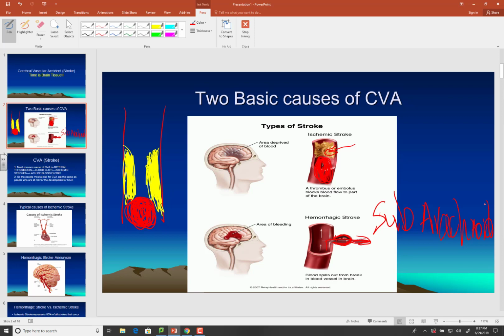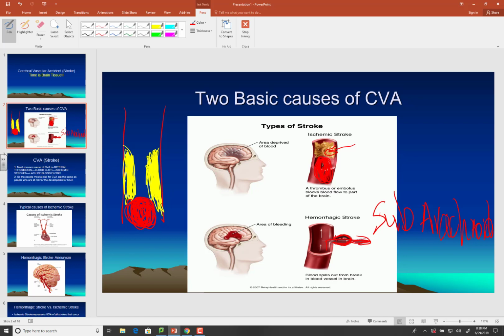But the most common cause of hemorrhagic stroke is typically aneurysm. And again, you don't really know that you have an aneurysm unless, number one, they find it serendipitously. You might have some headaches, so they do an MRI on your brain, and then they happen to see an aneurysm.